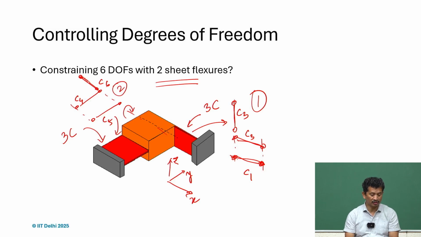It means the rotation along that dotted line is not constrained. And why is that so? What we also realize is that for the constraints along that line, there are too many, C1, C3 and C6, they are all along the same line.